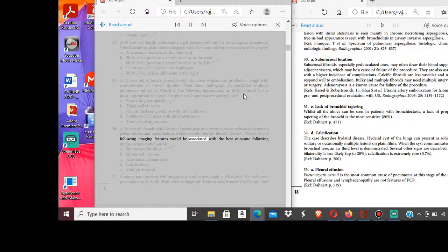Which of the following imaging features would be associated with the best outcome following uterine artery embolization? A. Submucosal location. B. Subserosal location. C. Associated adenomyosis. D. Calcification. E. Multiple fibroids.